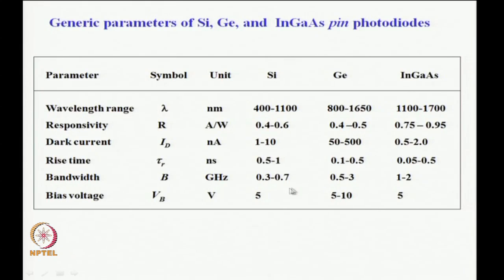The bandwidth is almost similar. As you can see, it depends on the inverse of the rise time, how fast a detector is. For the bias voltage of pin photodiodes, typical biases are between 5 and 10 volts. Normally, they are reverse biased with 5 to 10 volts.